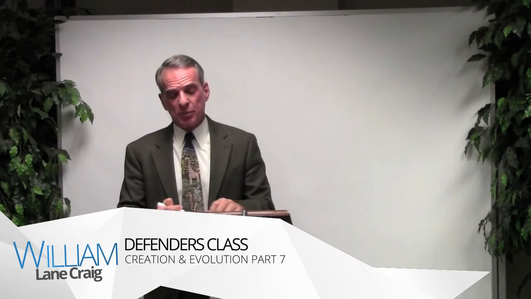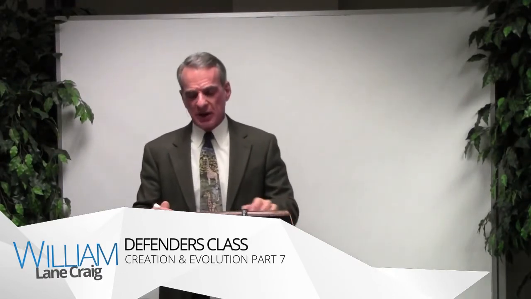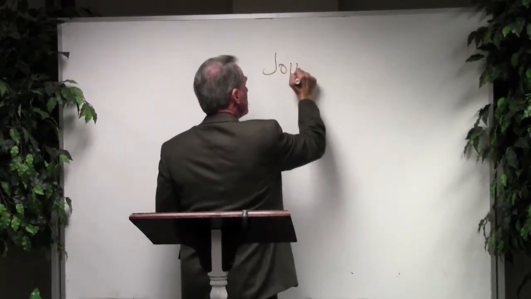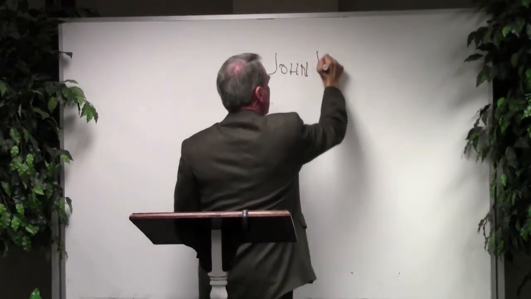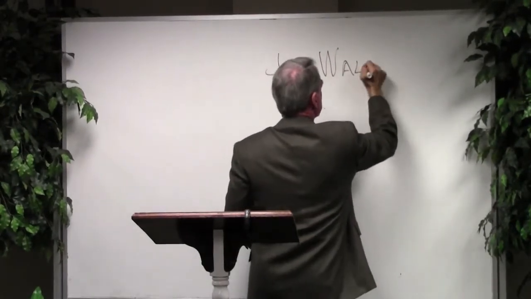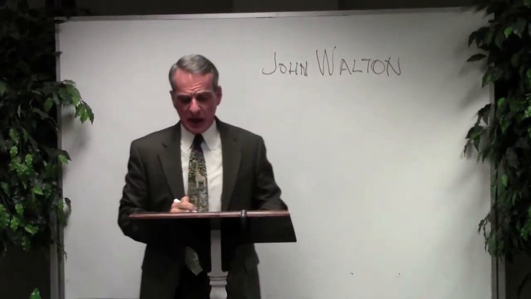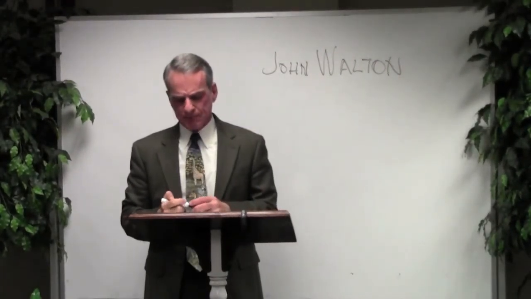Well, let's go to our next interpretation of Genesis 1 that is on the table, and this is called the functional creation interpretation. In his recent book, John Walton lays out this interpretation. The title of his book is The Lost World of Genesis 1.